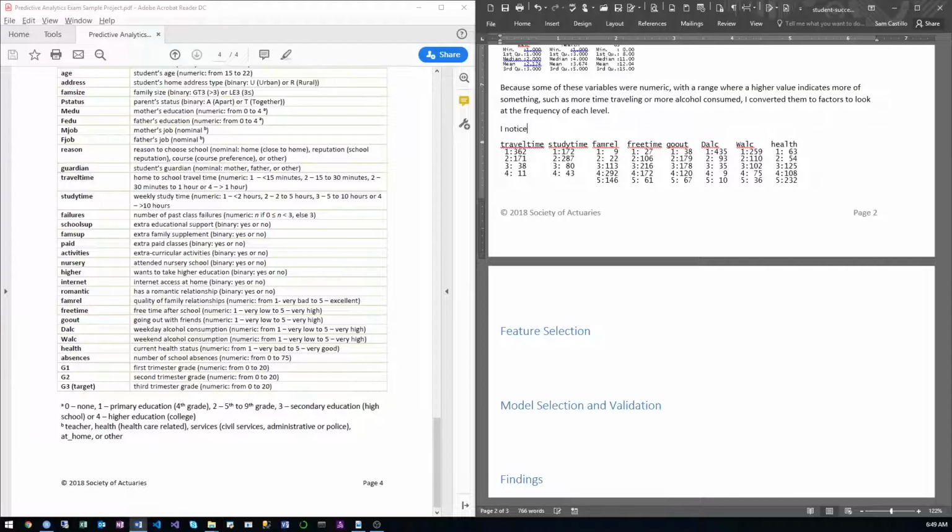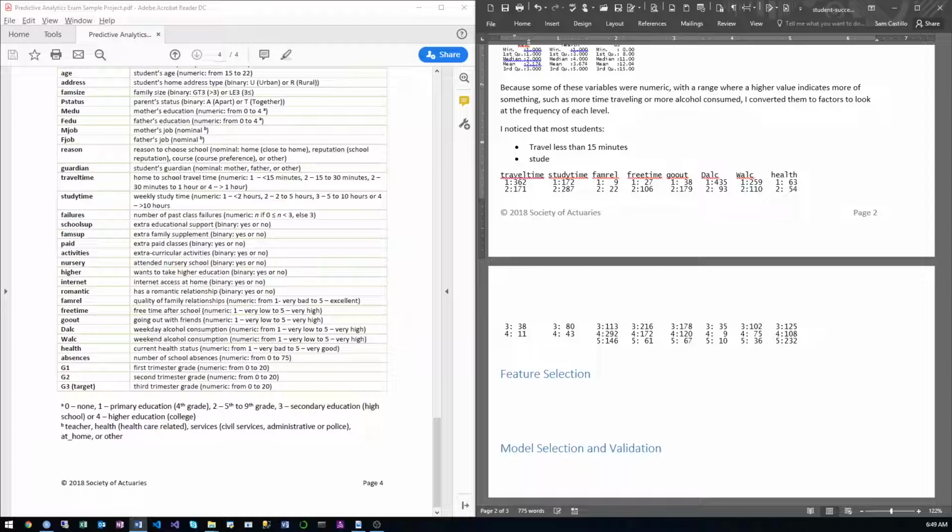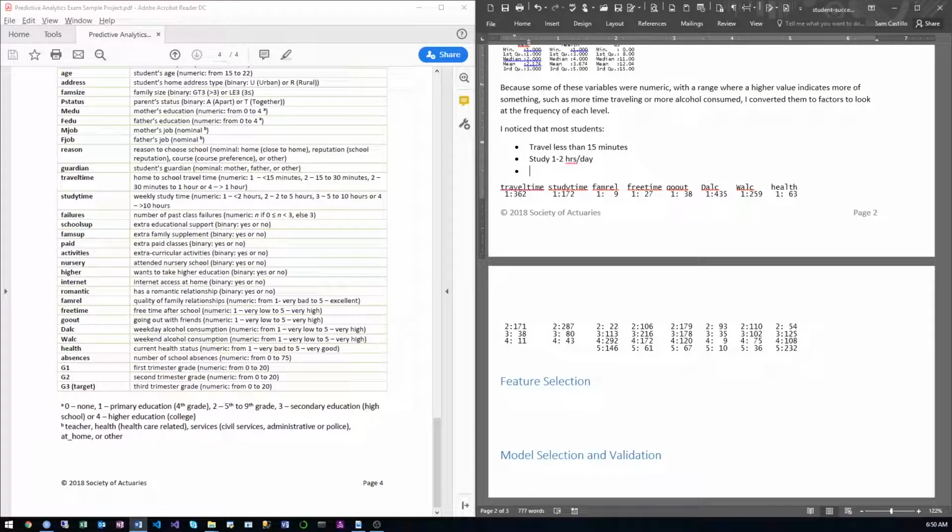I noticed that most students travel less than 15 minutes, study, where's study time? Study 1 to 2 hours per week, or per day. It must be per day. What is family relations?